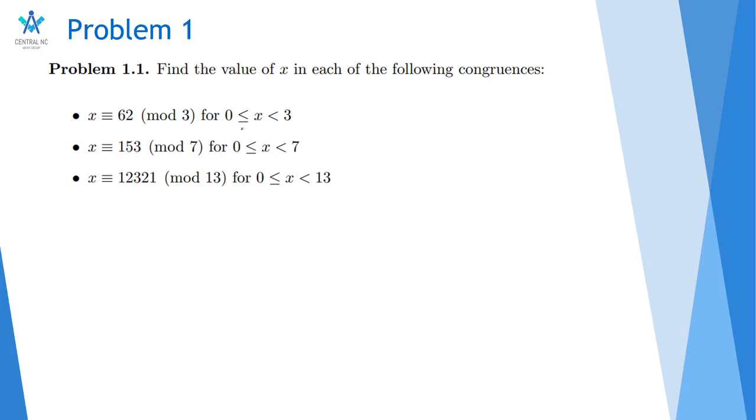We just had to find the remainder since they've bounded it here for us to be strictly less than the modulo number, or n in this case. So let's look at 62. What's the remainder when 62 is divided by 3? I'm just going to say that 62 is equal to 3 times 20 plus 2. So it is congruent to 2 modulo 3.